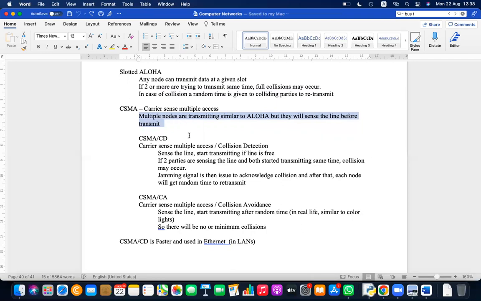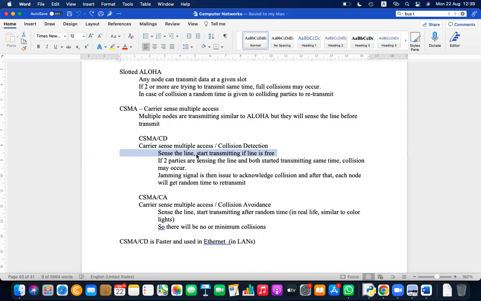When somebody leaves, everyone is trying, can I talk? Likewise, that is carrier sense multiple access. You are seeing what is happening in the principal's room, but you all try to go in together. That can cause clashes. Two people can raise hands saying, excuse me, sir, I have a question. So that is CSMA CD.